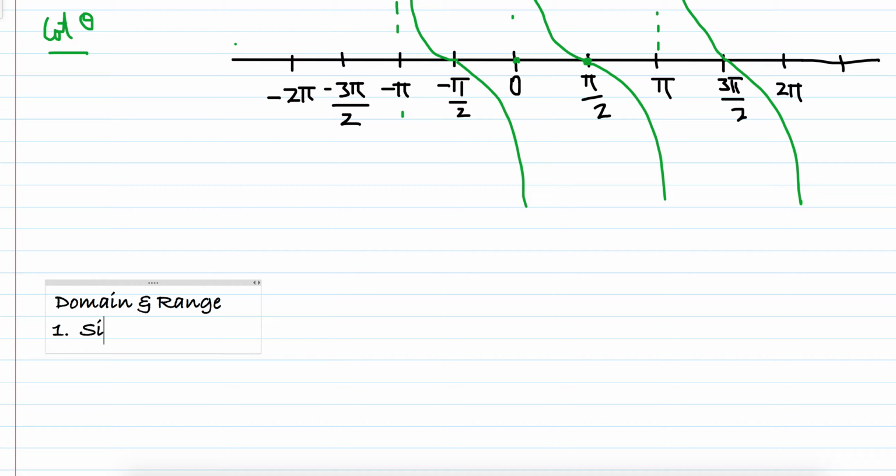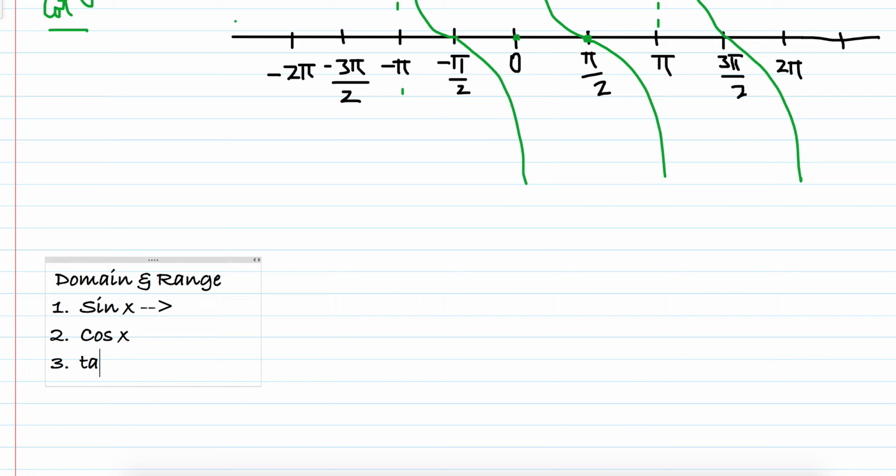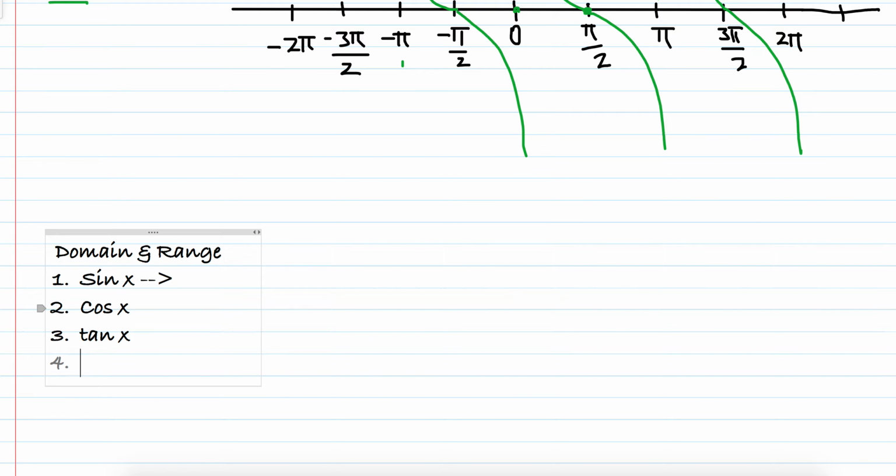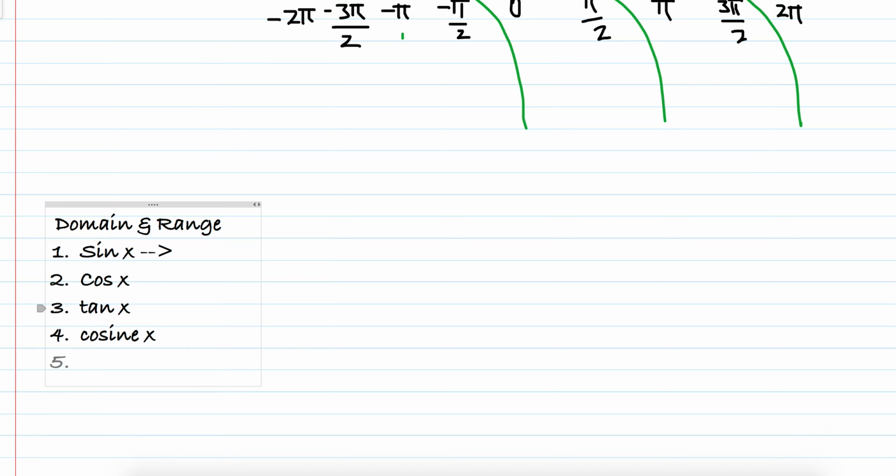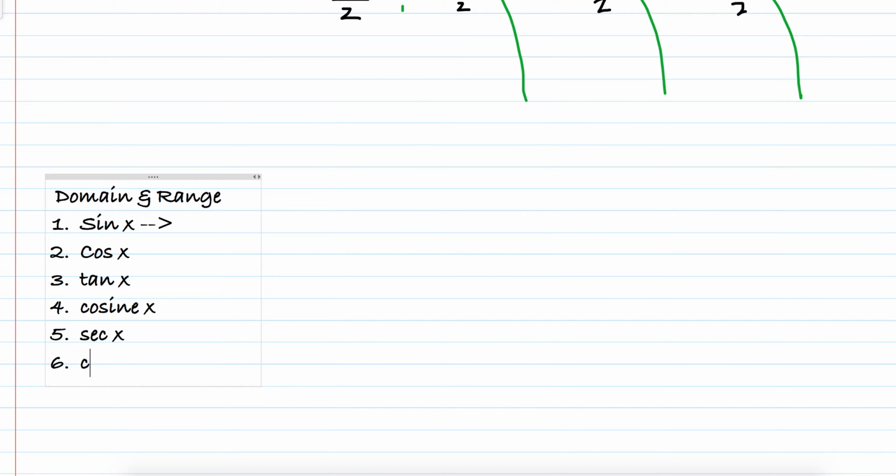So first sine x, then cos x, then tan x, cosec x, sec x, and cot x. Now we will see the domain and range of these functions. So first I will write domain, and then I will write range.